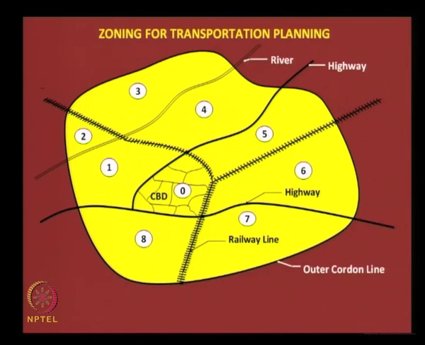So, this is how we need to divide the urban area into different sectors, and as I said, sector number 9 is to indicate any area outside your external cordon line, anywhere around your external cordon line as sector code number 9. Clear?